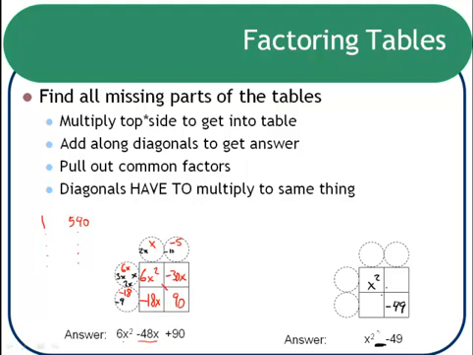So one has to be positive and one negative, probably. Looking at all the combinations, there's not that many. 1 and negative 49, 7 and negative 7, or 49 and negative 1. This is the combination that cancels themselves out. So 7x's, negative 7x's, and this is x minus 7 times x plus 7.